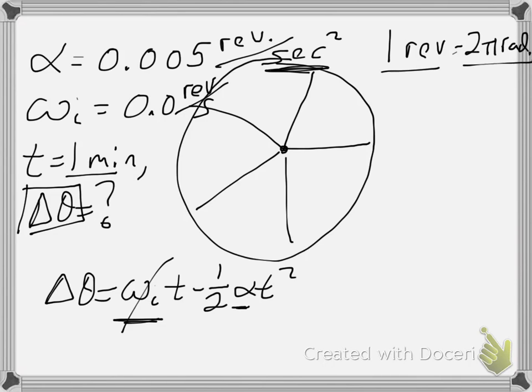It'd be a bit of a pain to convert 1 over second squared into 1 over minute squared. So if we do so, then t is equal to 1 minute, and of course in 1 minute there's 60 seconds.